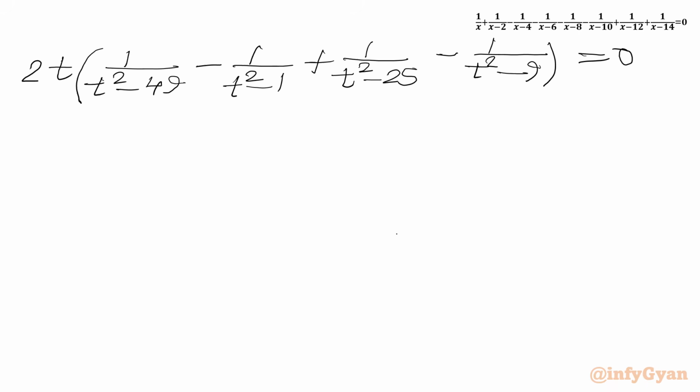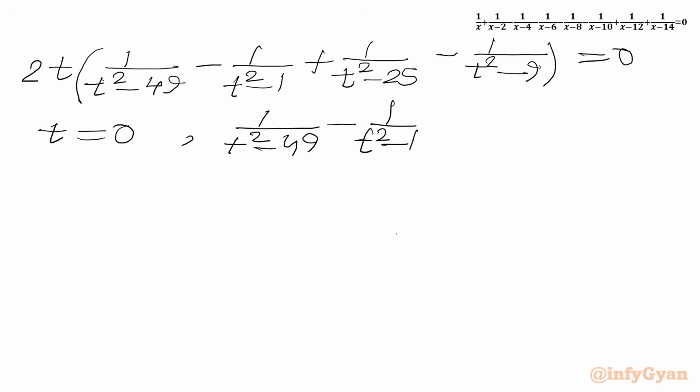Now we'll be using the product 0 rule. So either t equal to 0 or 1 over t square minus 49 minus 1 over t square minus 1 plus 1 over t square minus 25 minus 1 over t square minus 9 equal to 0.